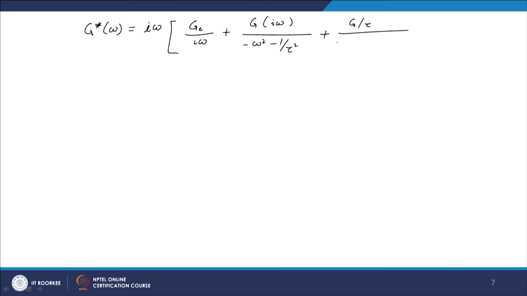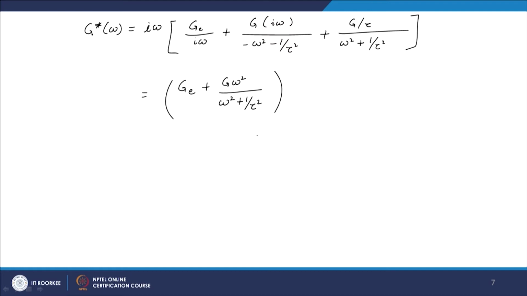So, now if I further simplify it, what I will get is G star omega is I omega multiplied with Ge by I omega plus G multiplied with I omega divided by minus omega square minus 1 by tau square, and then we have G by tau divided by omega square plus 1 by tau square, and this will give me essentially Ge plus G omega square, the minus signs will cancel, divided by omega square plus 1 by tau square.